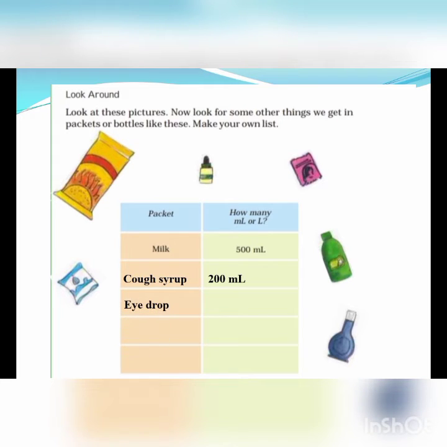Next, eye drop of 10 milliliters. Then, a bottle of cold drink which contains 1 liter of cold drink. At last, a bottle of tomato sauce and its capacity is 950 milliliters. You can write other things also. Try to make your own list in your notebook.